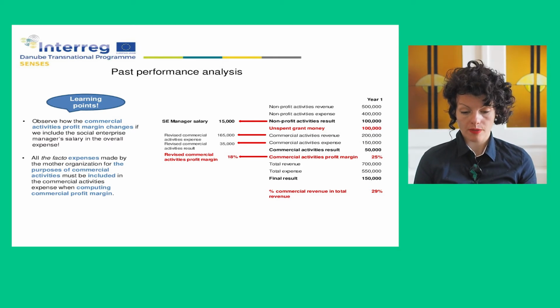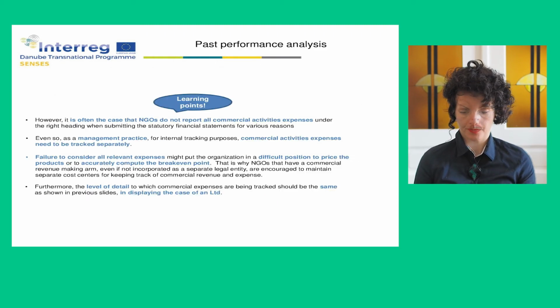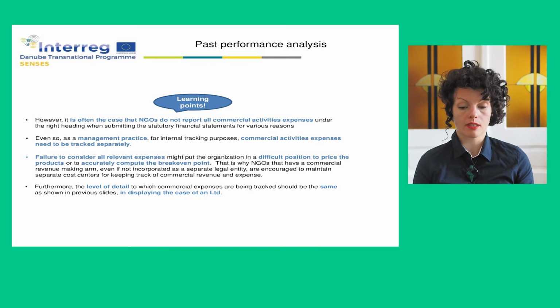All de facto expenses made by the mother organization for the purposes of commercial activities must be included in the commercial activities expense when computing commercial profit margin. However, it is often the case that NGOs do not report all commercial activities expense under the right heading when submitting the statutory financial statements for various reasons.